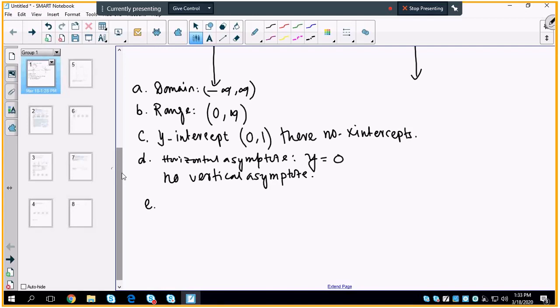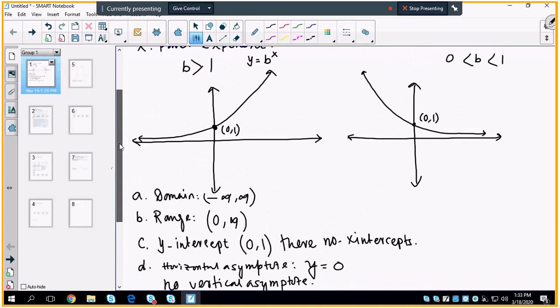Long run behavior: we can say that as x goes to positive infinity, if b is greater than 1, y goes to positive infinity. Let's verify that. As x is going to positive infinity, so I'm growing without any bound, the graph when b is greater than 1 is also going to positive infinity.